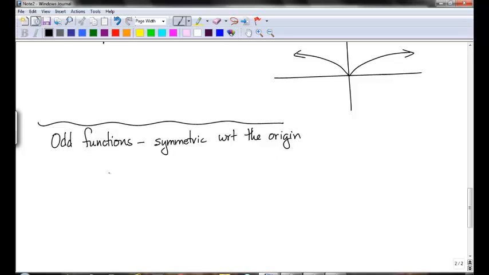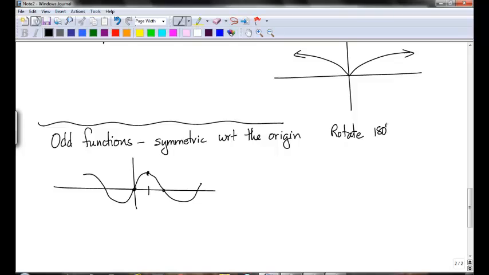An example of that would be the sine graph. Remember, the sine graph started at the origin, at pi over 2 we went up to 1, and at pi we were back down to 0. But if you took this graph and rotated it 180 degrees about the origin, you'd get the same graph.